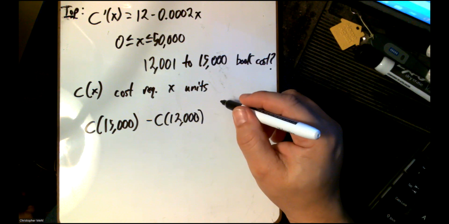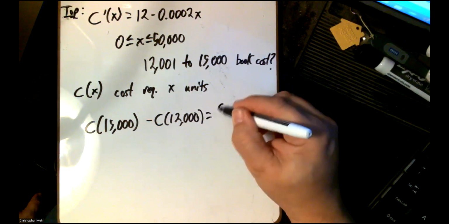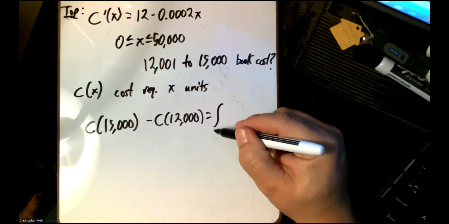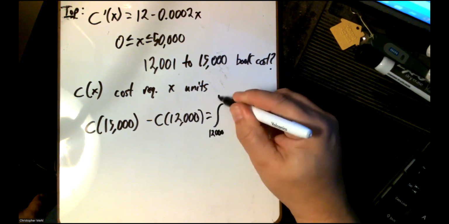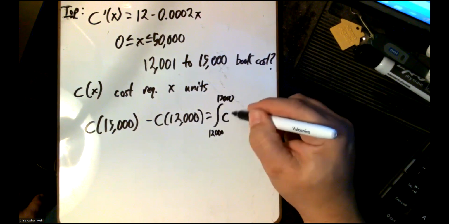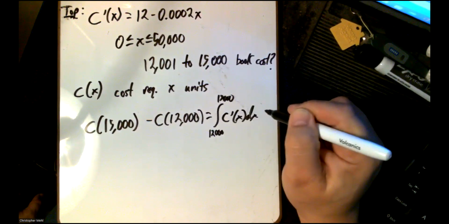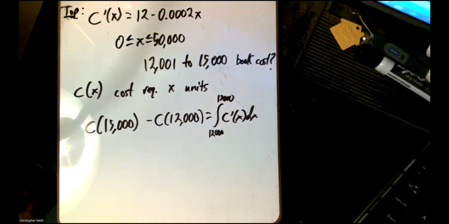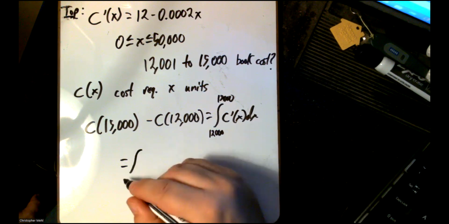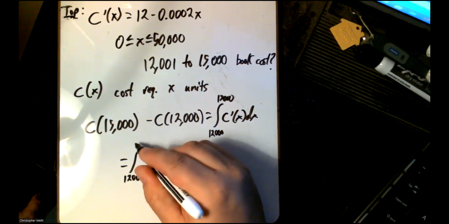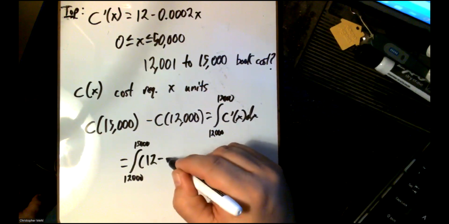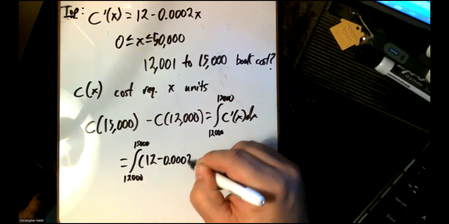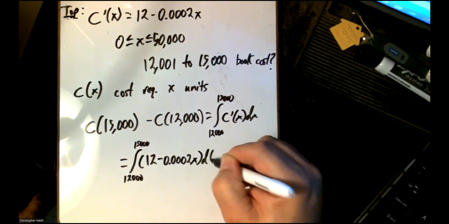Therefore, we should state this: the cost in dollars, C at 15,000 minus C at 12,000, is going to be the integral from 12,000 to 15,000 of C prime. So this is the integral from 12,000 to 15,000 of 12 minus 0.0002 x dx.